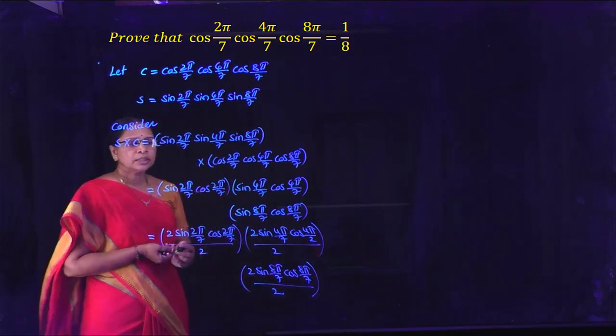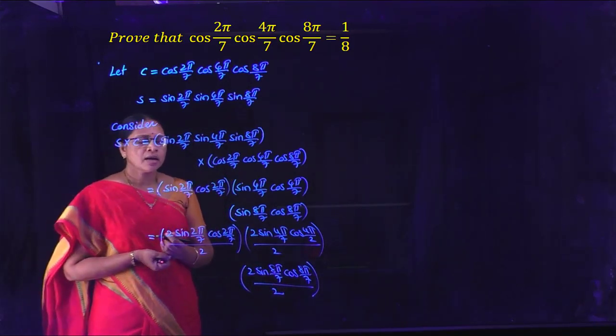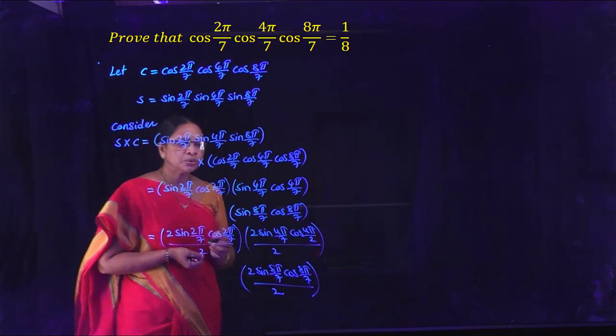Here we know that 2 sin theta cos theta is sin 2 theta.